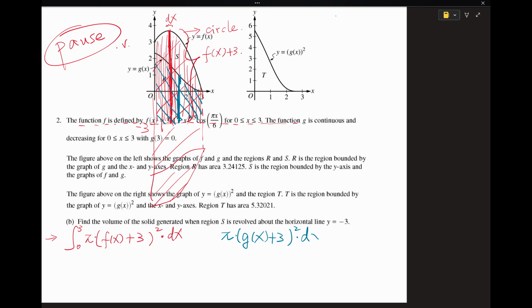Again, we multiply by dx and just add up all the slices from 0 to 3. Finally, the expression of the answer to question B would be the difference between these two expressions. And the next part is nothing but some calculation.